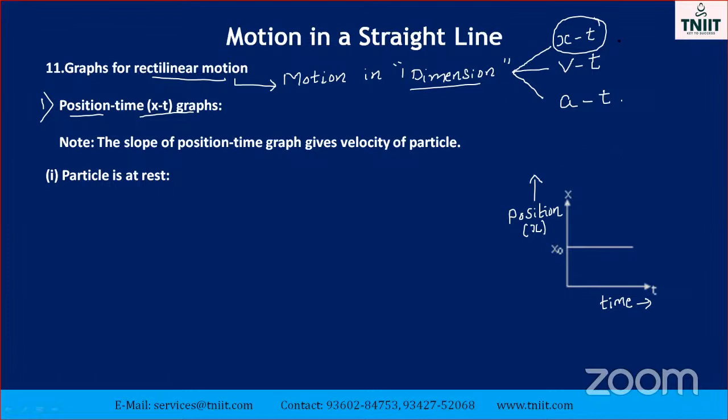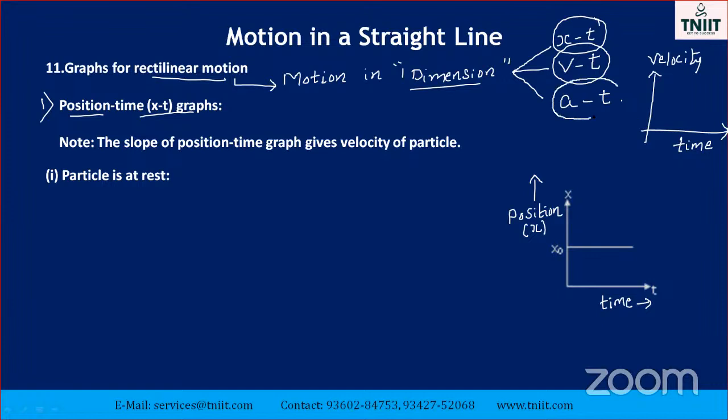Then what is the v-t graph, students? The v-t graph is the graph where we plot the velocity along the y-axis and the time along the x-axis. It is called the velocity-time graph.